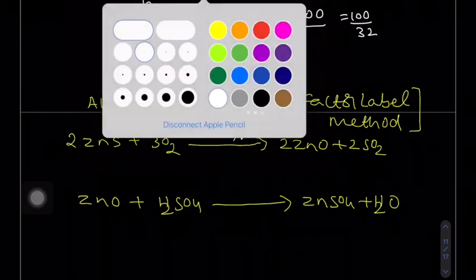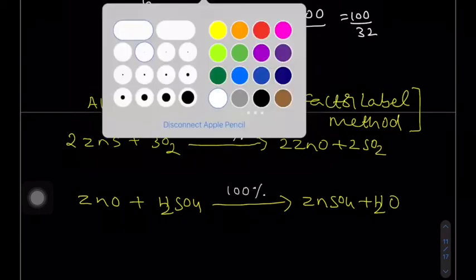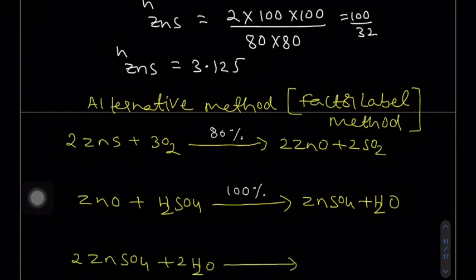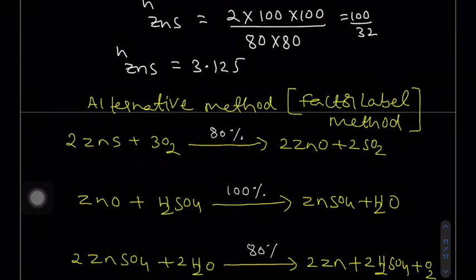Here the percentage yield is 100%. Now the third one: 2ZnSO4 plus 2H2O to give 2Zn plus 2H2SO4 plus O2. Here the percentage yield is given as 80%.